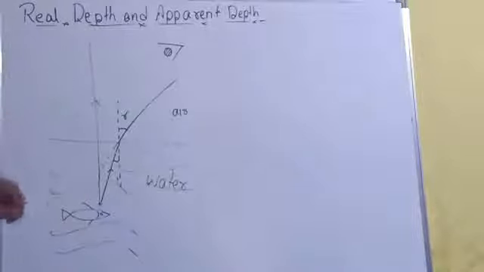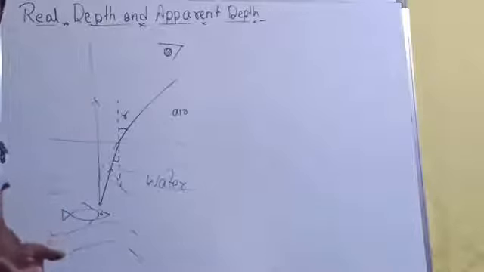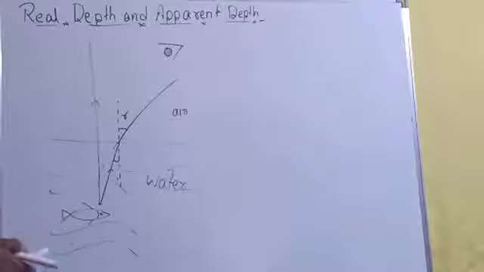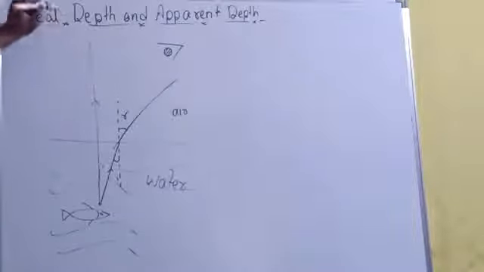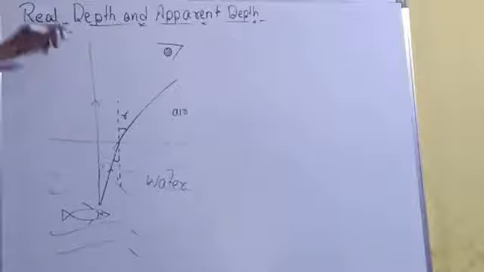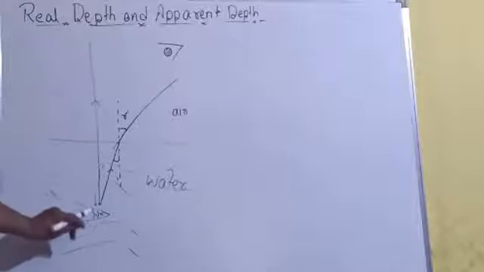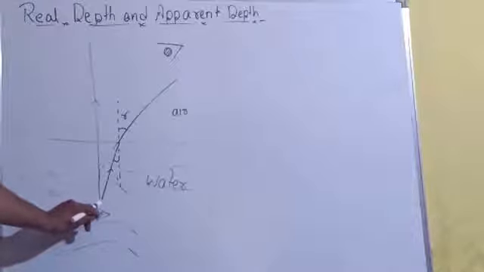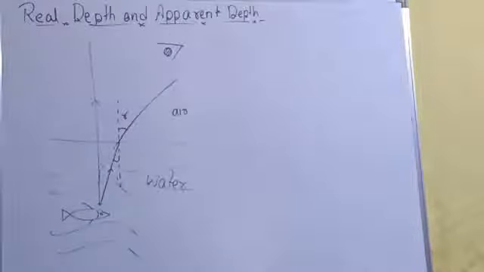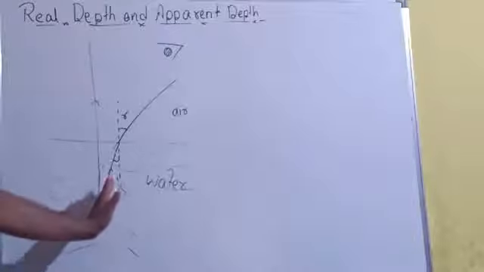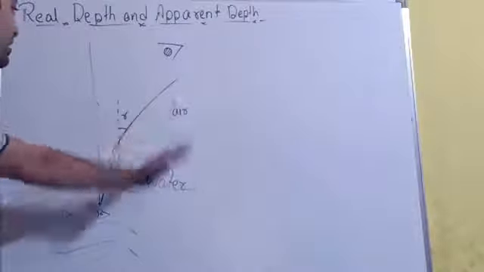When you are seeing the fish, the rays are drawn from the fish. So the first ray is this. This is the ray drawn from the fish at a 0 degree angle. The next ray moves towards your eye, and it is moving from denser to rarer, so the ray has to bend away from the normal.